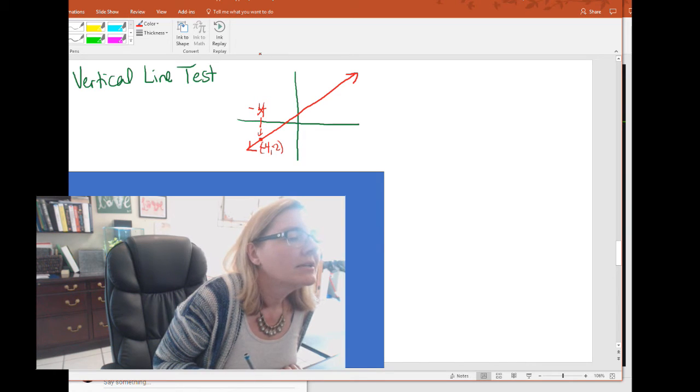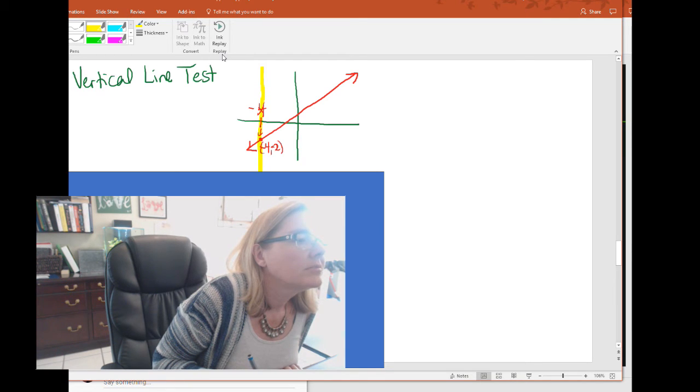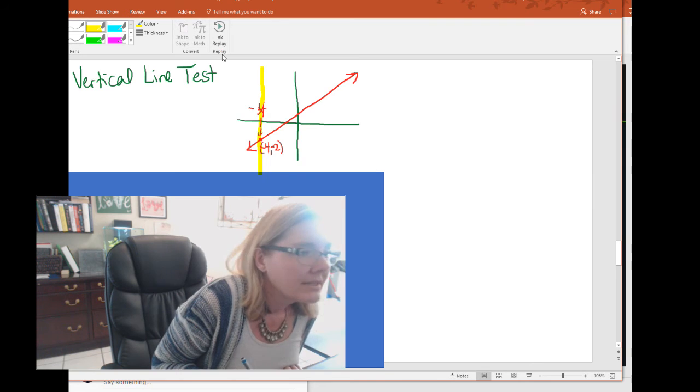There's not going to be another point on this line that has a y value of -2. And the reason why I know that is because I can look right here vertically. These are all going to be the points that have -2 y values, and this line is never going to hit that again.